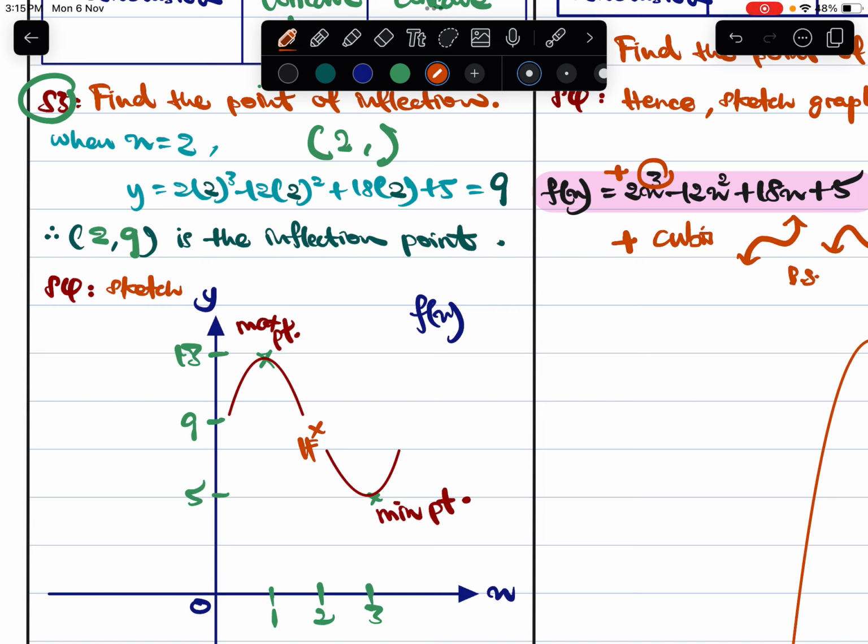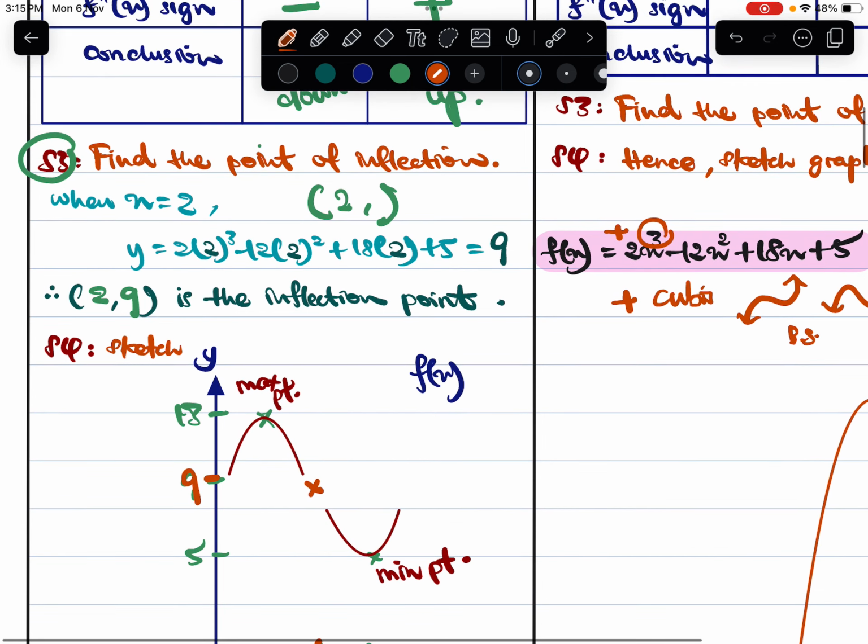I forgot to tell you that this is not IF, this is IP. Sorry, this is IP. This is your (2, 9), isn't it? I think it's best to put in your inflection point, IP, first. So this is IP, inflection point.